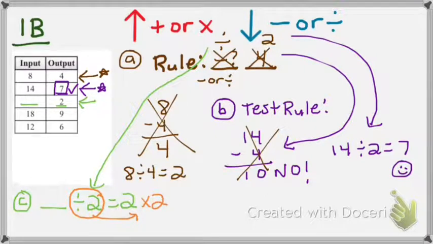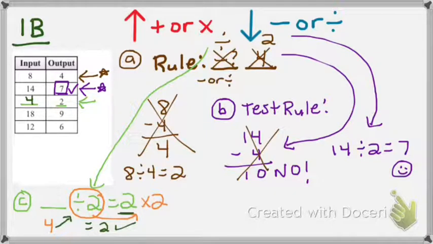So I can say 2 times 2 equals 4, and that's what my missing number should be. But let's go back and double check it, see if it really does work with the numbers that we had originally. If I have 4, and I say 4 divided by 2, does that equal 2? Yes, it does. So 4 is definitely my missing number. And I'll put that right into the box.